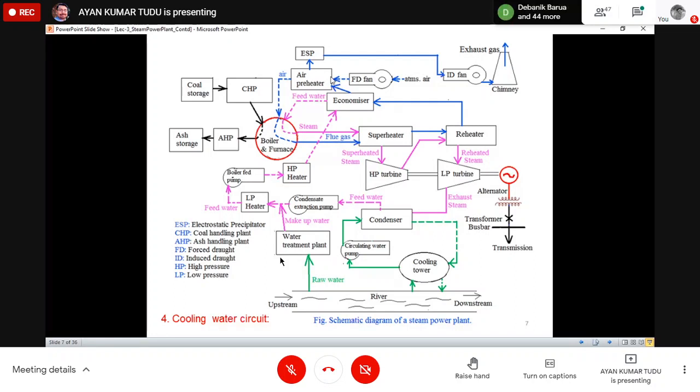There is one disadvantage of using an ESP, but nothing can be done because we have to use an ESP. Otherwise, the gas coming out from the chimney would be very harmful for the people living on the windward side, means the people living in the vicinity of the steam power plant.